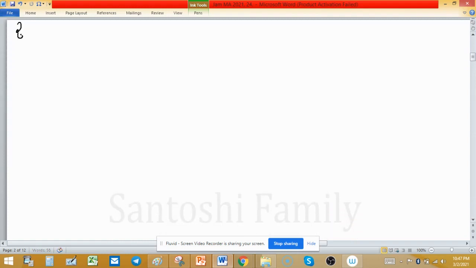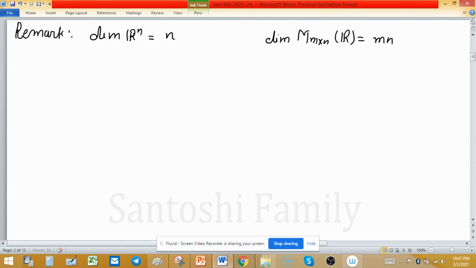To solve this problem, you should take this as a remark. Dimension of Rn is n. Dimension of m by n matrices over R is mn. This is remark 1, this is remark 2.